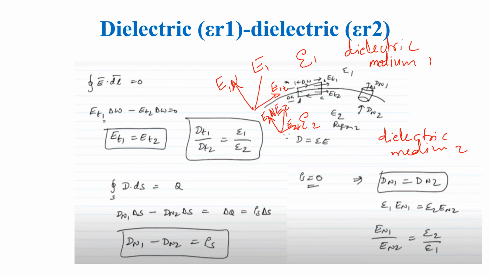And D values also in the same way. So the line integral E dot dl equal to 0, we can split into four line integrals.